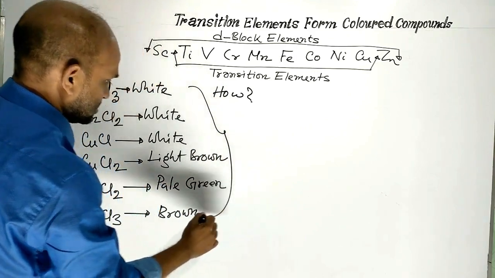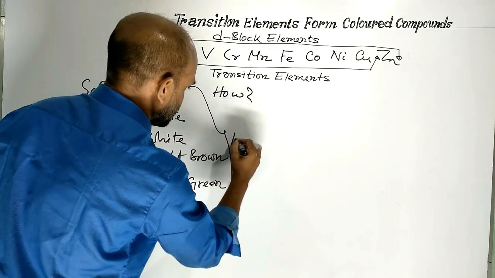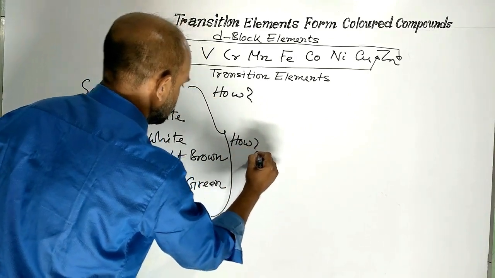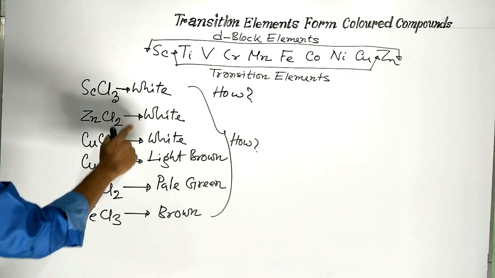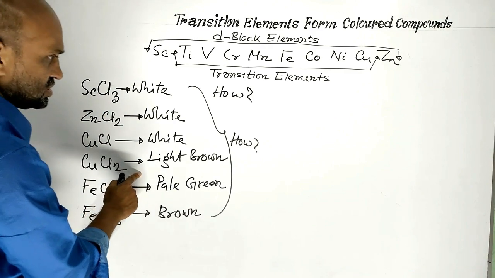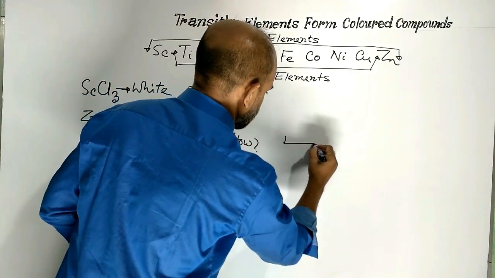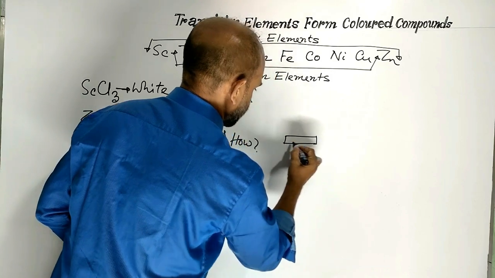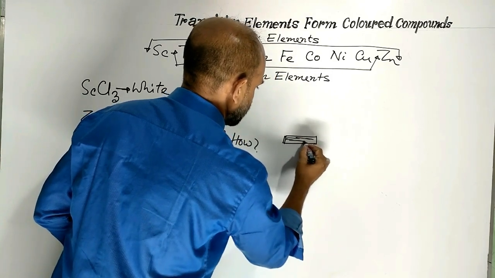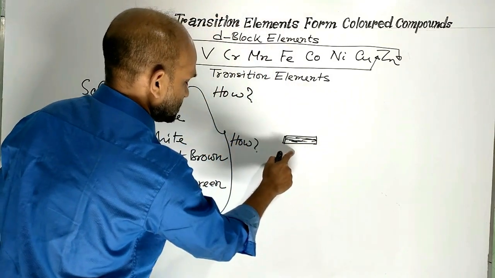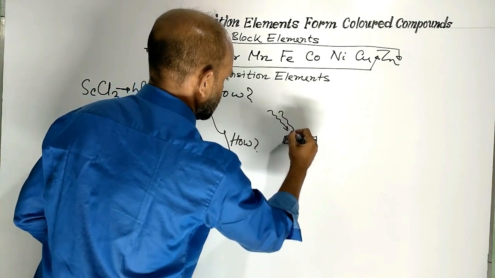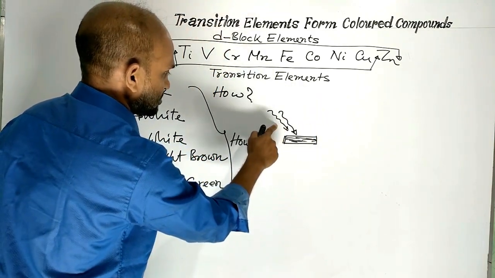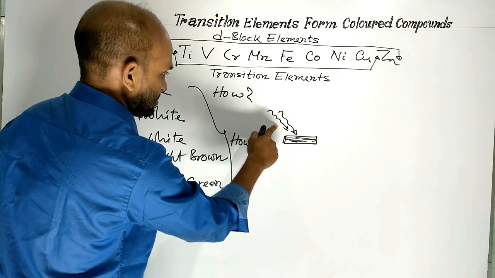But the question is, how are compounds of transition elements of different colors? Here, this is the basic concept. Suppose this is a substance on which this incident light, radiations, falls.